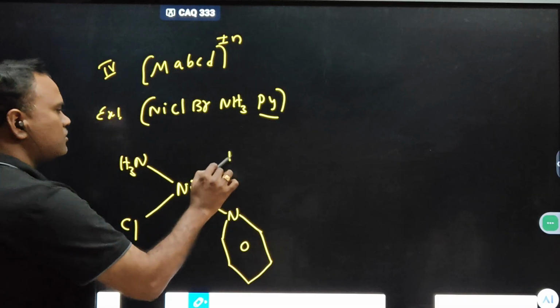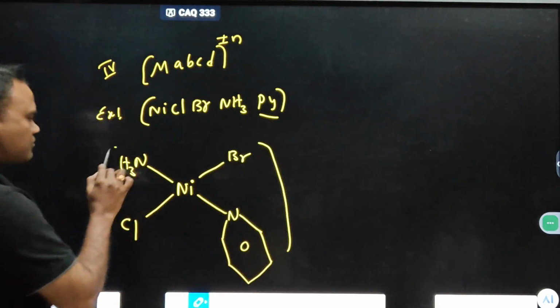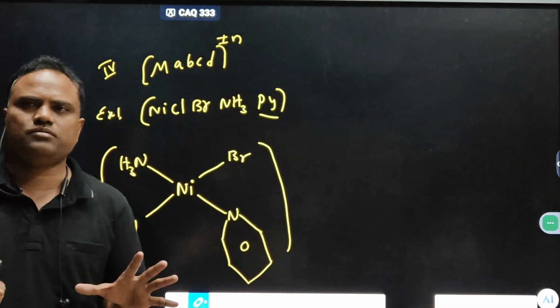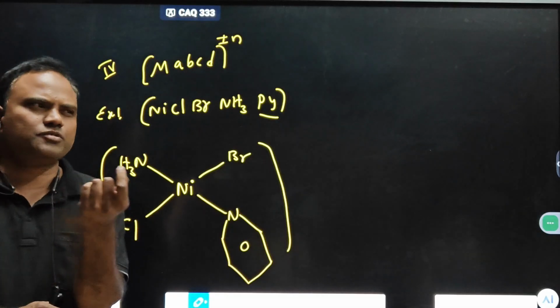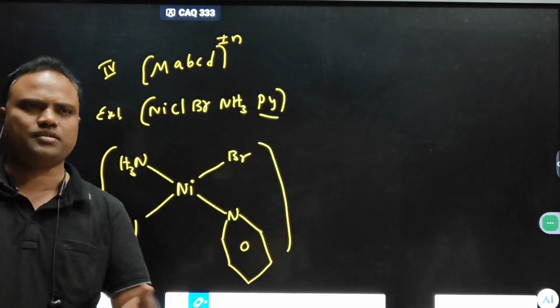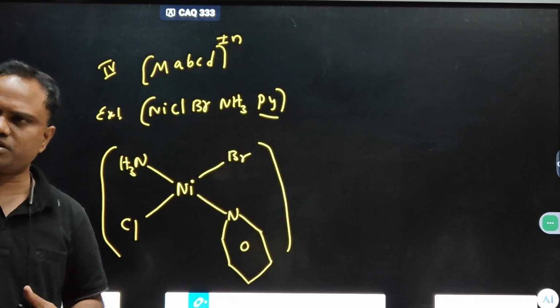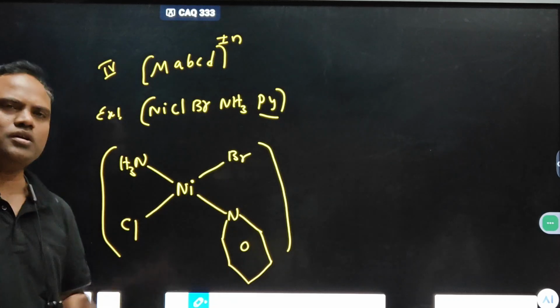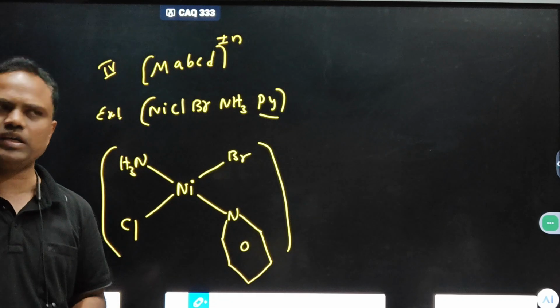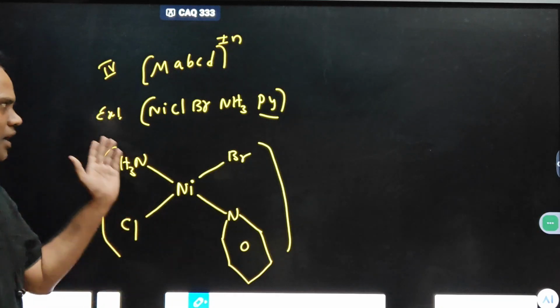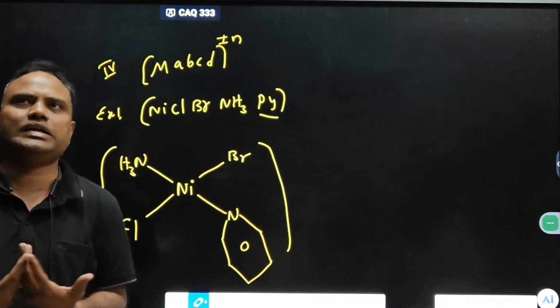Cl and Br are the halogens. Some hint or small concept will be there to decide cis and trans. By taking help of the halogen concept or similar donor atoms, we can divide into cis and trans. In ABCD we may get some confusion.